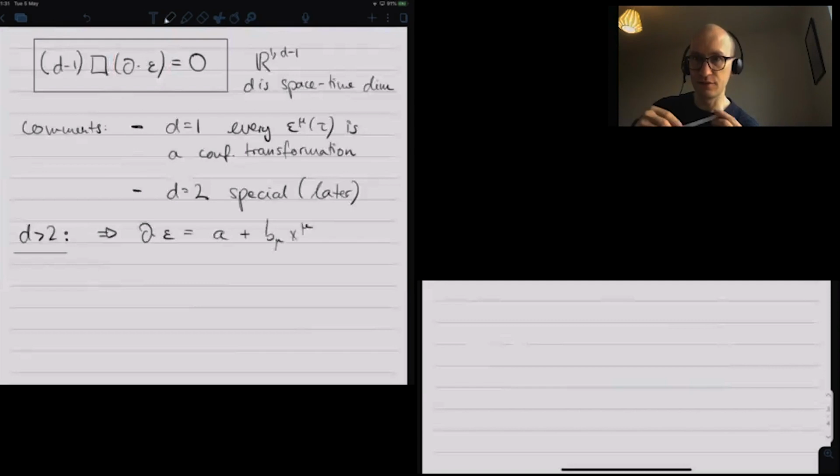Roughly speaking, this means that the second derivative of this thing is 0 with respect to space-time, and so it can be at most linear in the space-time variable x. It can have a constant A, plus a term linear in x^mu, and the most general linear term we can write is some arbitrary parameter b_mu contracted into x^mu. That's the immediate, obvious solution of this equation.